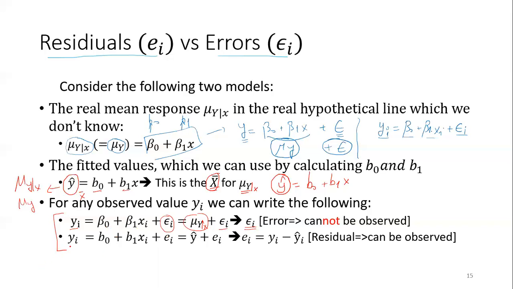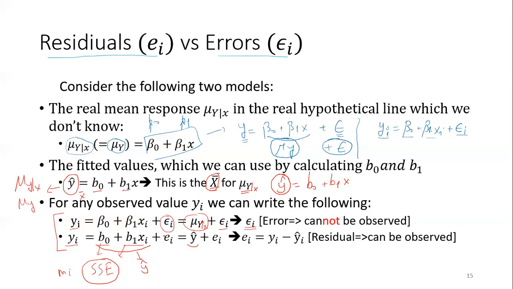Or we can just write yi, the height of Mehmet, as y Mehmet is equal to b0 plus b1 xi. I know b0 and b1 because I can estimate them using SSE, right? So these are values that we can find, times xi. So I know this value. What is this again? This is y hat.